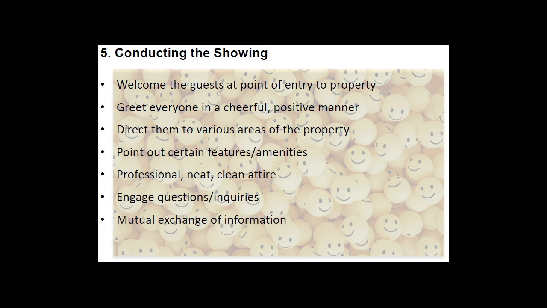And then of course the rent amount, because remember, they may be looking at several different properties, or they may have already looked at several properties. So you want to remind them about the features of your property to make it stand out.